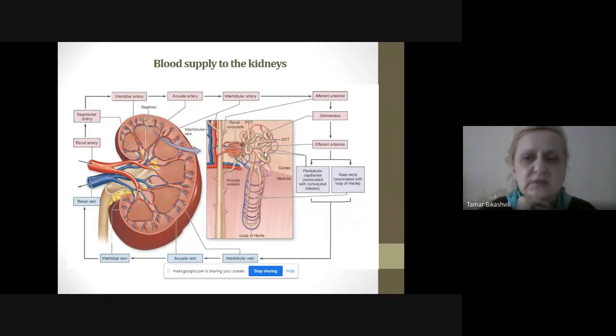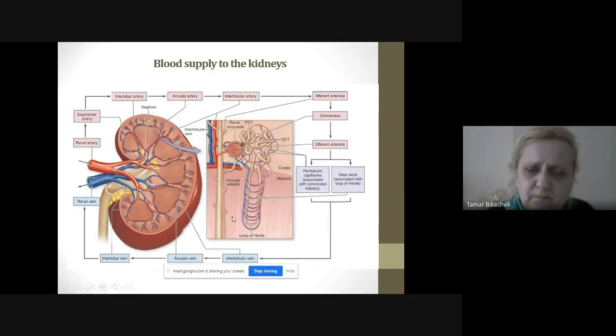In kidneys it is an arteriole. And now, what is the vasa recta? Vasa recta are also a capillary network, small blood vessels.